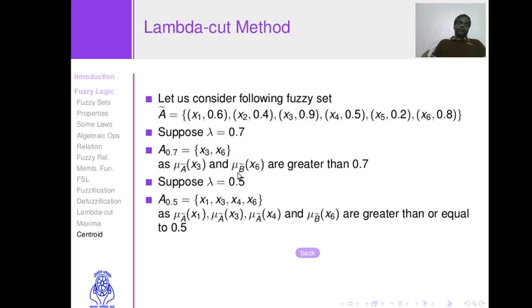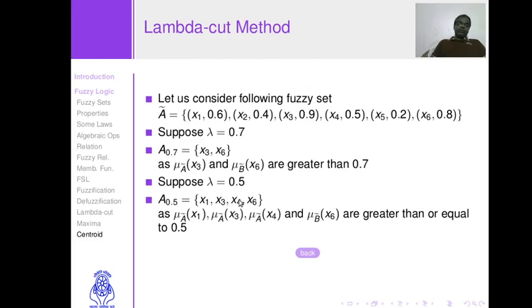Suppose lambda is 0.5. Again we perform the same procedure. We compare the degree of x1 to lambda, it is greater than lambda, so we take it. x2 is discarded, x3 we take, x4 we take, x5 discarded, x6 we take into the classical set A 0.5.